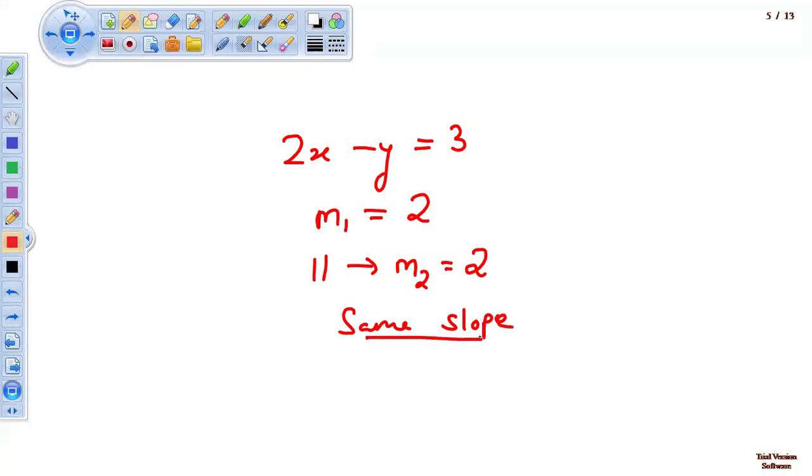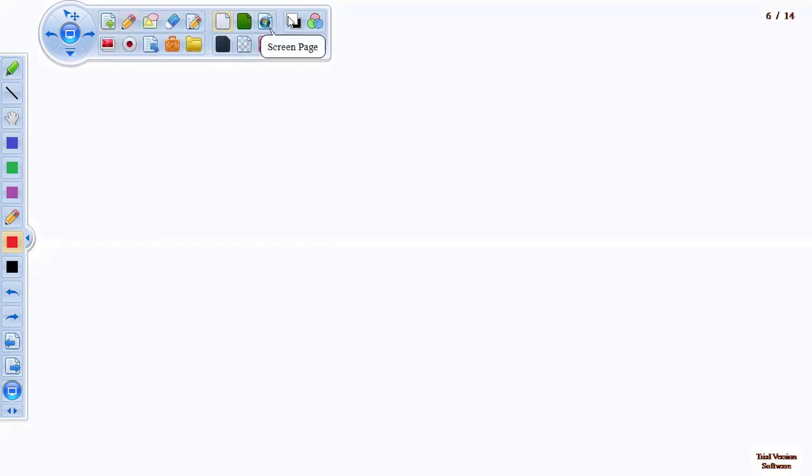But in case they're perpendicular to each other, then also we can find the slope of a perpendicular line. If one line is perpendicular to the other line, then the slope is always the negative reciprocal of the other. Or we can use it as a formula. Slope of the first line multiplied by slope of the second line will always be minus 1 if the lines are perpendicular to each other.